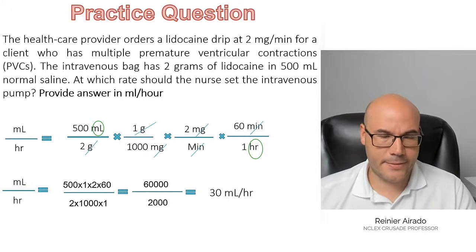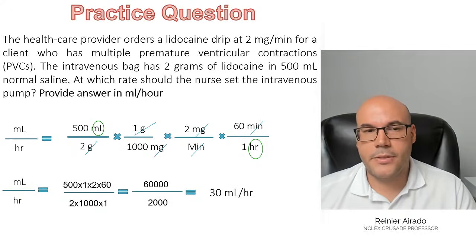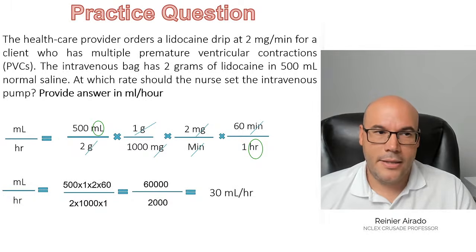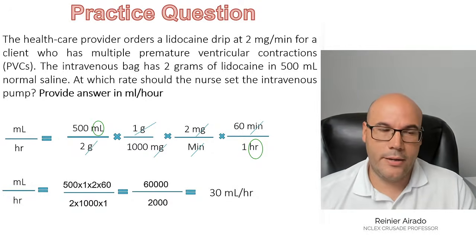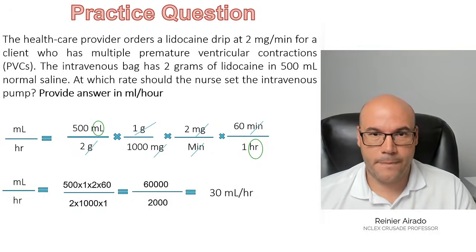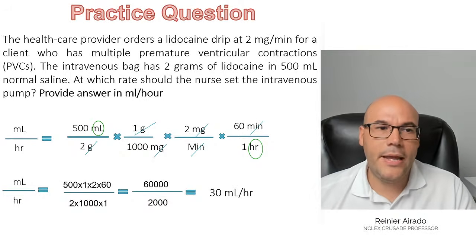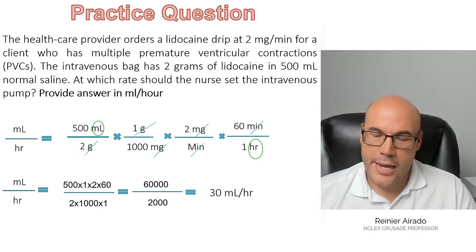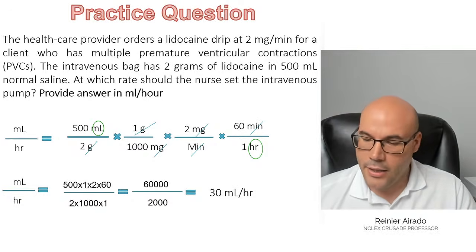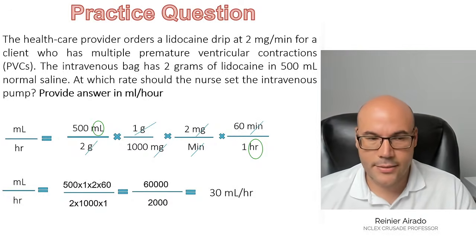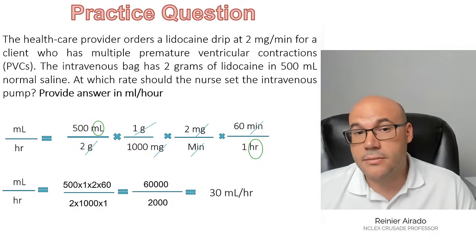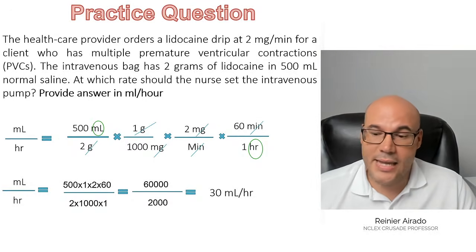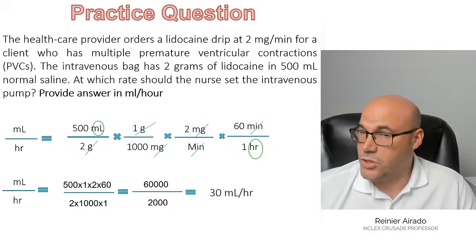I want to say this because sometimes nursing students get too worried with dosage calculation. I truly believe that a dosage calculation question is not going to determine if you pass or fail the NCLEX. Many students, many nurses go to the NCLEX and they don't even see a dosage calculation question.